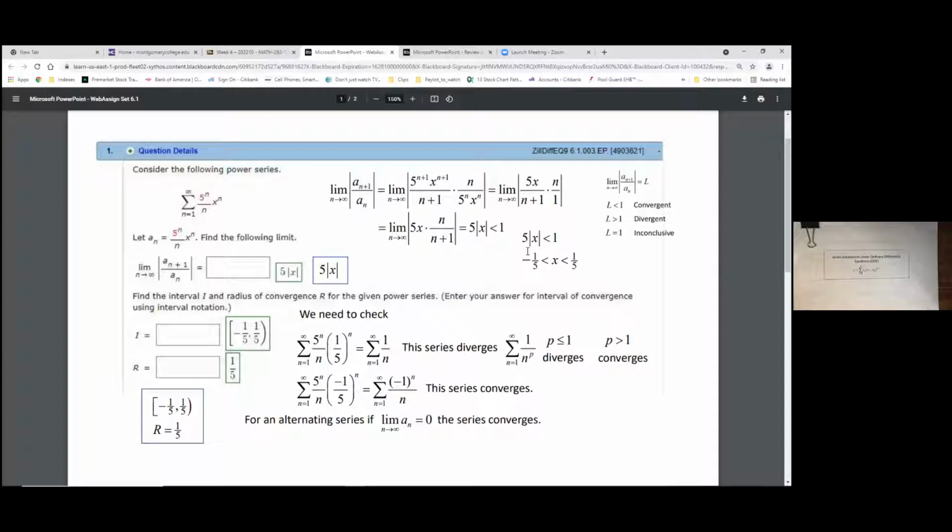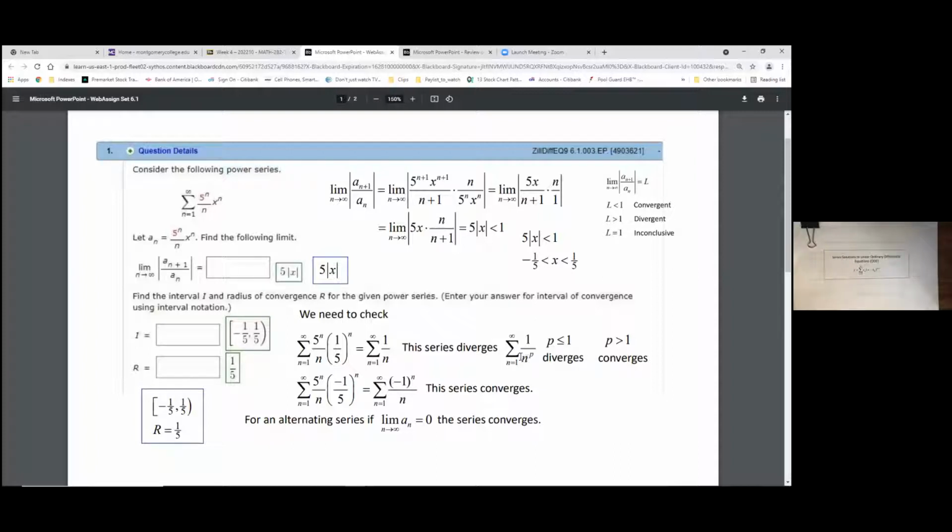Now, with the ratio test, we also have to check the endpoints. So, for example, I put in 1/5 here. In place of x to the n, I'm putting in 1/5, and then this turns out to be 1 to the n. Now, this series diverges. Remember the p-test?